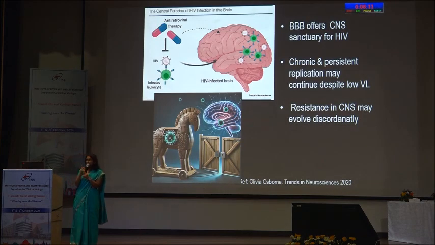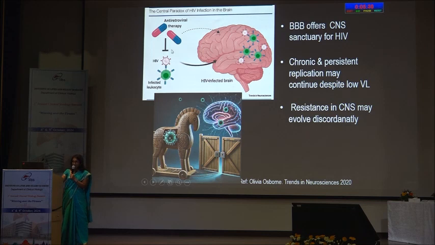Another important aspect of HIV infection and the brain is that HIV can attach to the receptors on the circulating leukocytes. The HIV virus uses the infected leukocytes like a Trojan horse, which then crosses the blood-brain barrier, and subsequently it can result in proliferation and various other neurological manifestations.